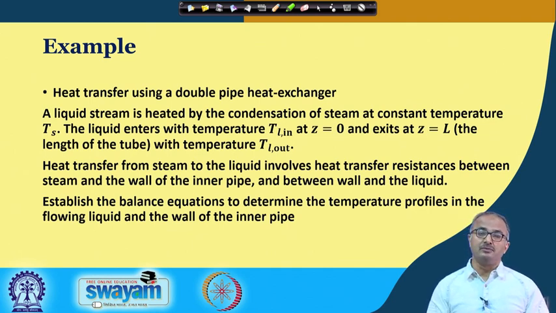Many times you have found that you are trying to cool down say hot milk or hot tea or some hot water, and what you do for that is that you take a glass of the hot milk or hot water and you dip this glass in a bowl which is containing some tap water which is at a lower temperature than the hotter milk or the hotter water.